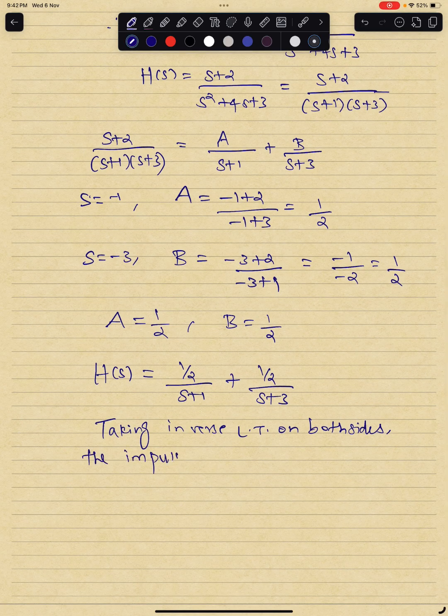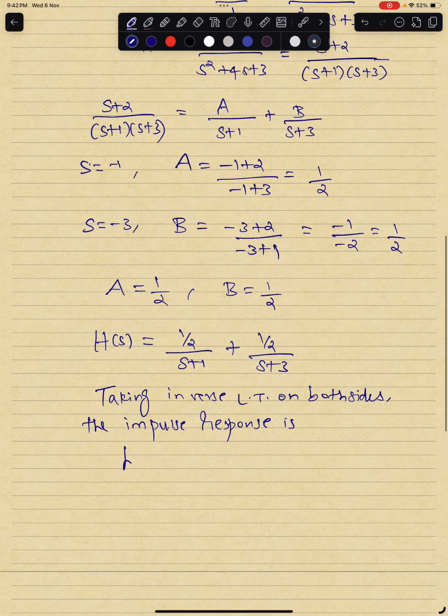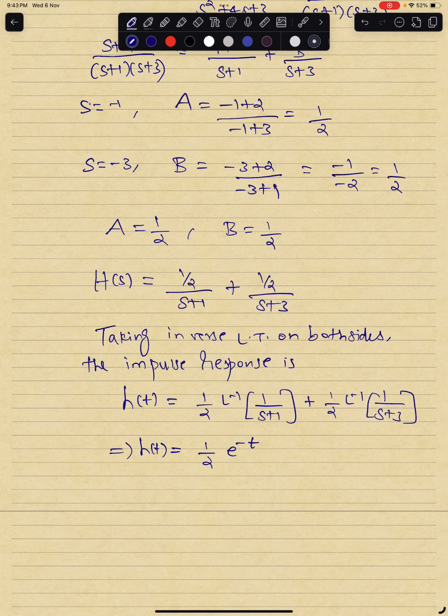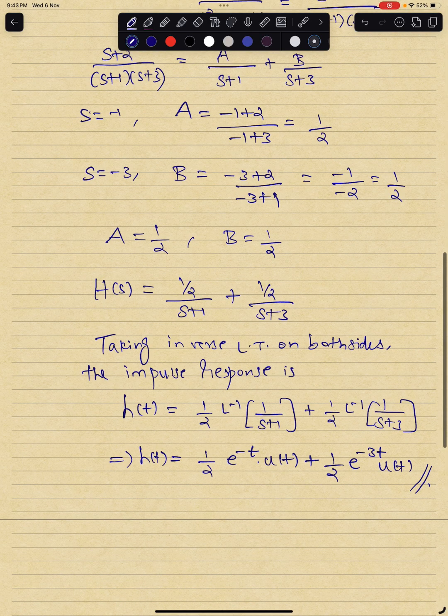The impulse response is small h of t is equal to 1/2 into L inverse of this, and similarly we need to take L inverse of this. I think this is clear. So what is this? h of t is equal to 1/2 into e power minus t, this is its formula, because e power minus at is the inverse of 1 by s plus a, into of course your unit step function u of t, plus 1/2 into e power -3t into u of t. So this is our final answer, that is, the impulse response function.